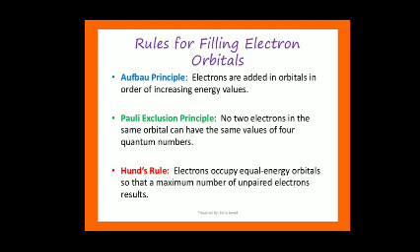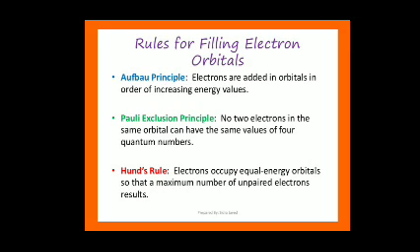The greater the n plus l value, the more will be the energy of the orbital. If the n plus l value is the same for two orbitals, the orbital with lower n value has lower energy.